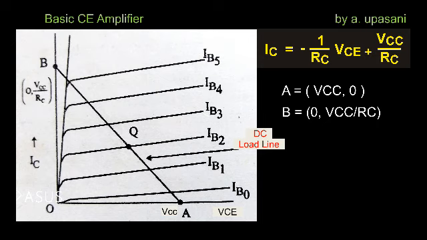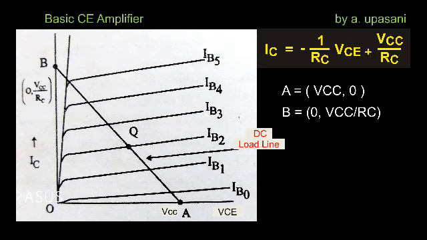The point of intersection of the base current line and the DC load line is called the operating point, or the quiescent point. Wherever the base current graphs intersect the DC load line, all those points are called operating points.